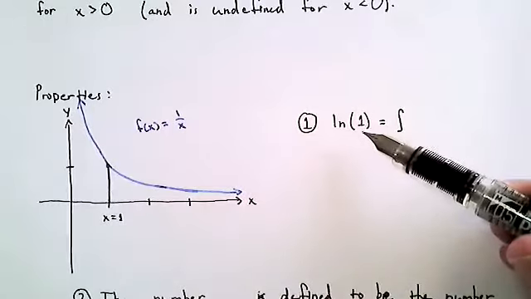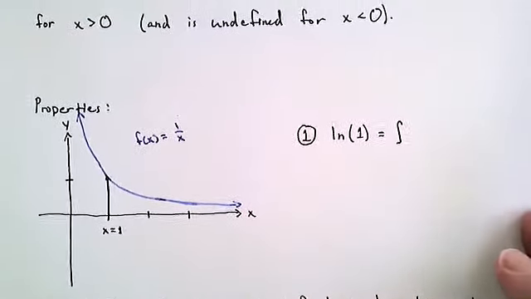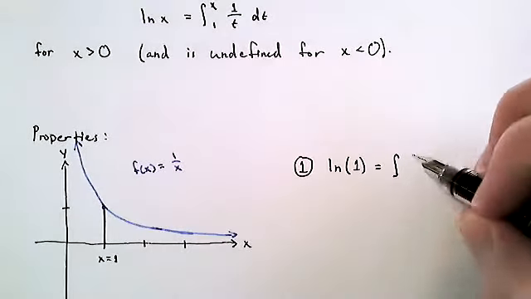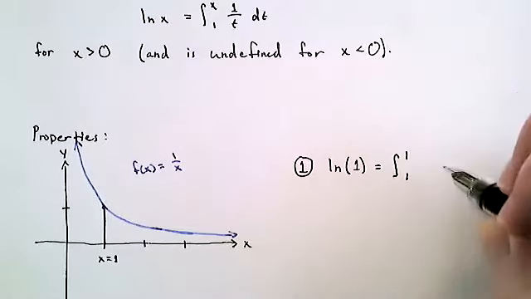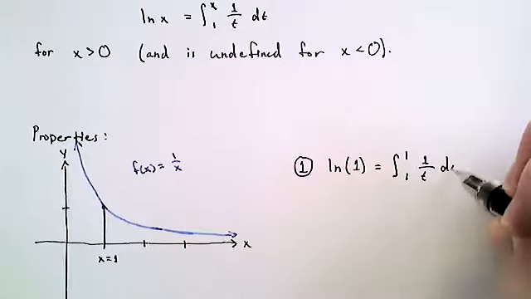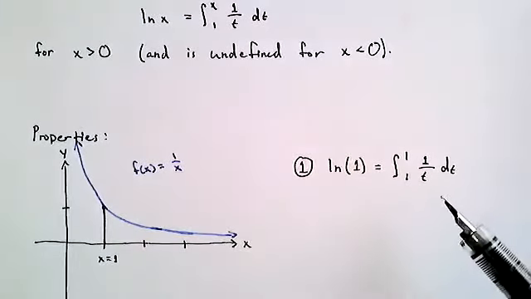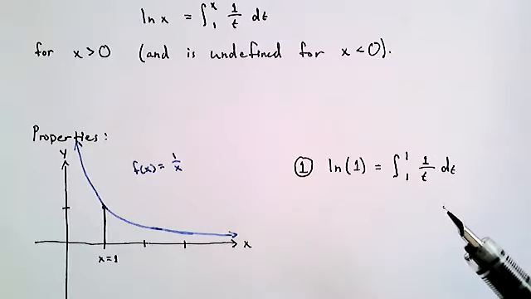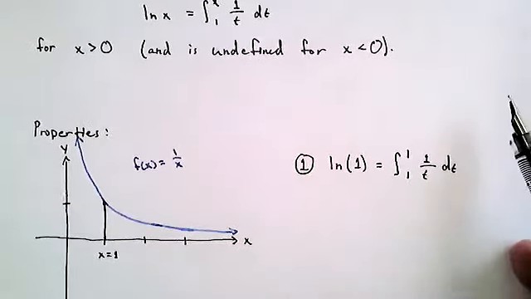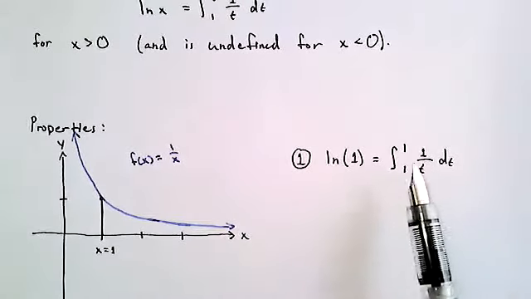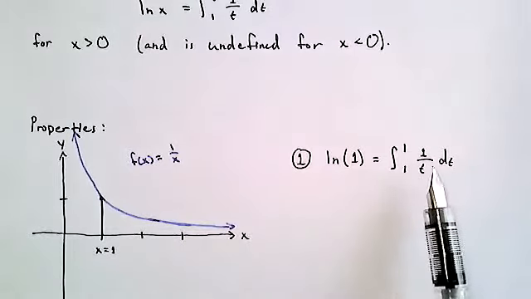So if we want to find the natural logarithm of 1, we have to plug in 1 into the definition. So it's the integral from 1 to 1 of 1 over t dt. What is this integral? Well, you could just remember something that you learned in Calculus 1 and tell me the answer.